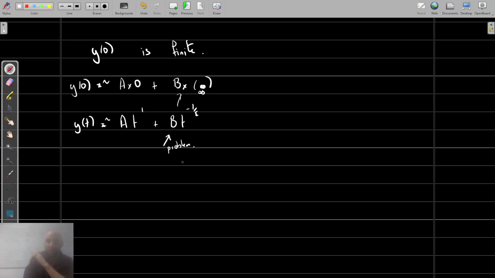The idea is we can make that go away if I set b equal to 0. If b equals 0, we no longer have a singularity, so really we can make this be finite.